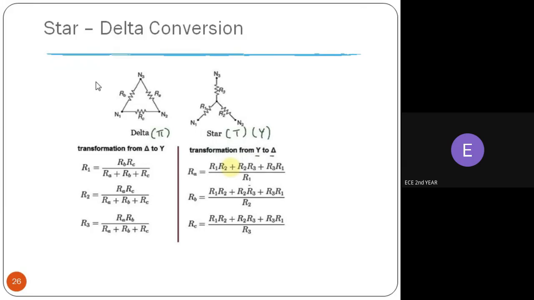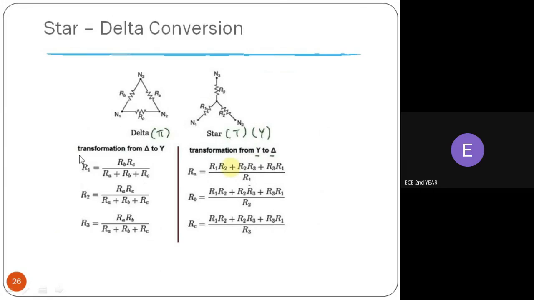And the next one is star to delta conversion. This is the delta connection which we all know, and this is the star connection which you all know. The delta connection can be converted into star. Here 3 nodes are there, 1, 2, 3, and between the 3 nodes 3 elements are connected, RA, RB and RC, which is converted into a star connection R1, R2, R3.